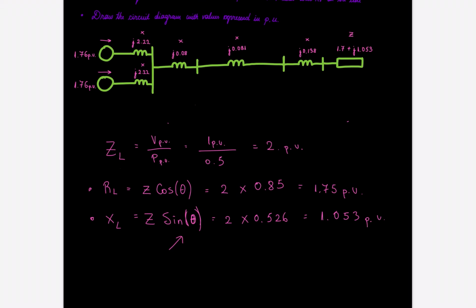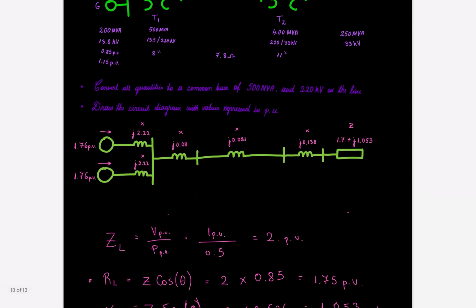That's your imaginary part. And here you go. That's basically it. And you know that Z for the load equals the resistance of the load plus the reactance of the load. Real part, imaginary part. And yeah, that's basically it.